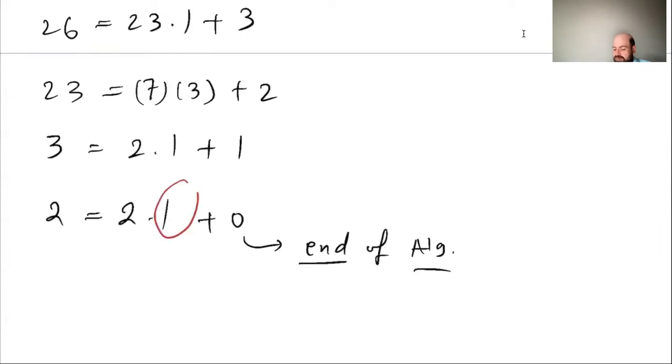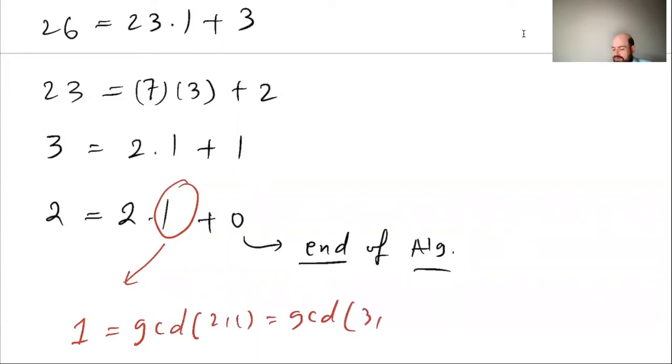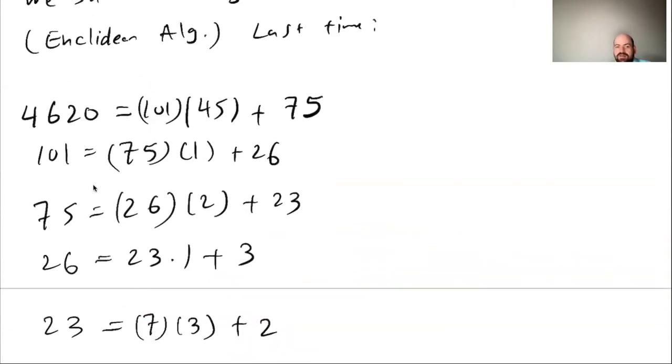GCD will be this number here. So 1 is the GCD of 2 and 1, which is the same as the GCD of 3 and 2, right? If you go backward, so 1 is the GCD of these two numbers, but then the GCD of these two numbers is the same as the GCD of 3 and 2. And then we go all the way backward until we get the GCD of the original two numbers that we had.